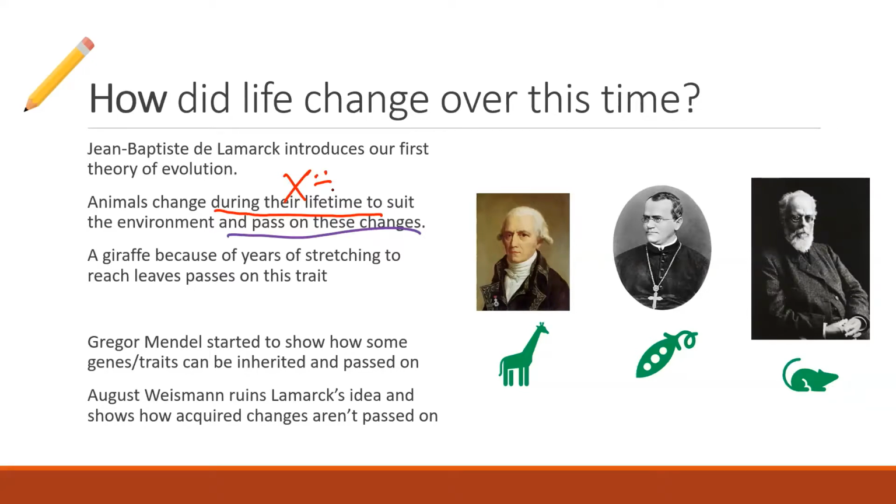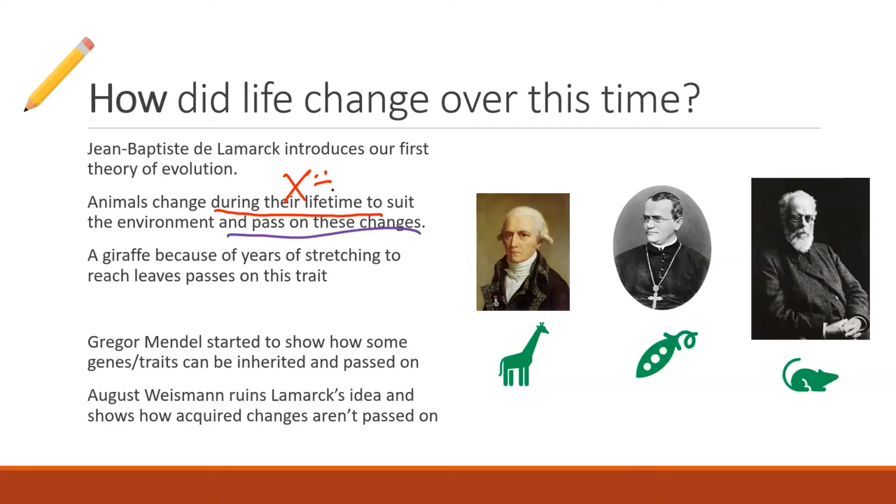He says the giraffe, because of years of stretching to reach leaves, passes on this long neck trait. I really should have written that sentence a little bit better. Essentially what he's saying is that the giraffe is always reaching up to get the highest leaves, and because it's always stretching its neck, its neck gets longer over its lifetime.